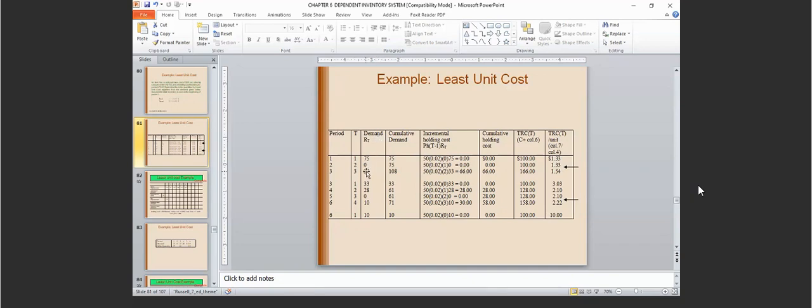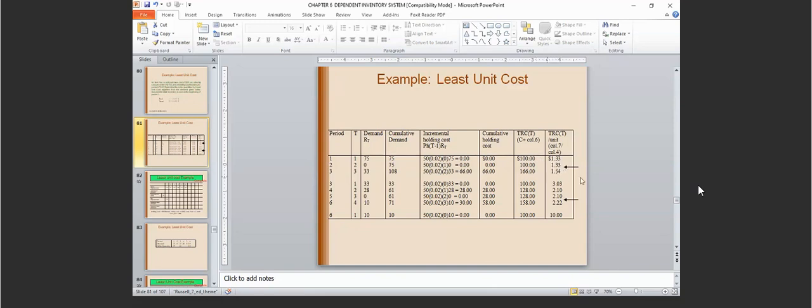For period 2, the gross requirement is 0, and the cumulative demand we maintain at 75, where 75 in the previous period plus the current period 2. The incremental holding cost is maintained at 0, the cumulative holding cost also 0, and the total relevant cost is 100 ringgit. 100 ringgit divided by cumulative demand 75, so we maintain at 1 ringgit 33 cent.